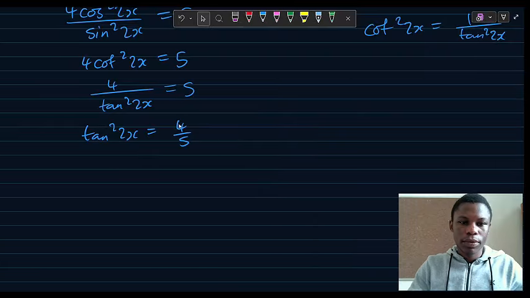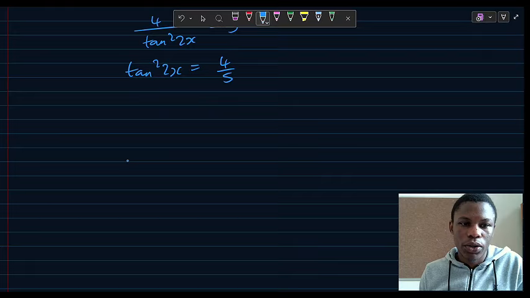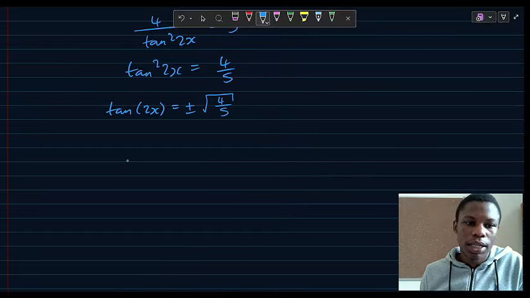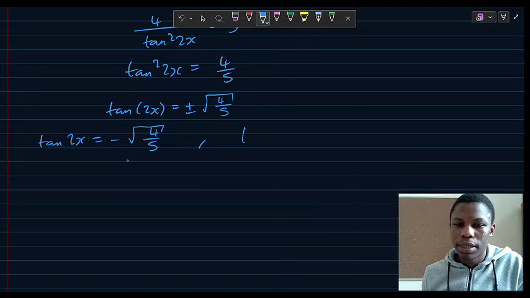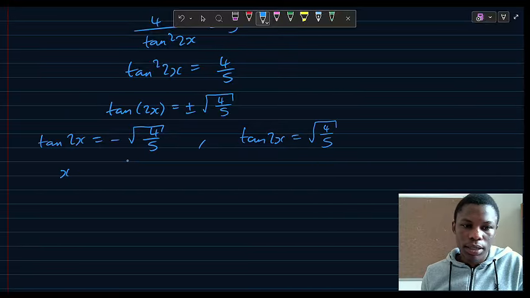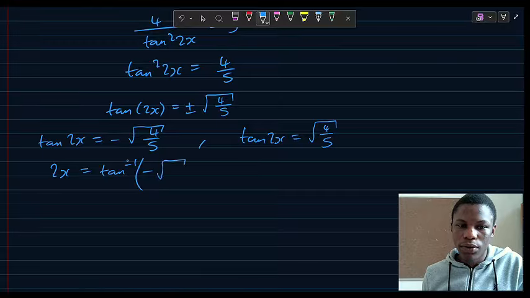Now let's take the square root on both sides, and we end up with tan 2x equal to plus or minus the square root of 4 over 5. So either tan 2x is negative root 4 over 5, or tan 2x is positive root 4 over 5. So 2x is arctan of negative root 4 over 5.